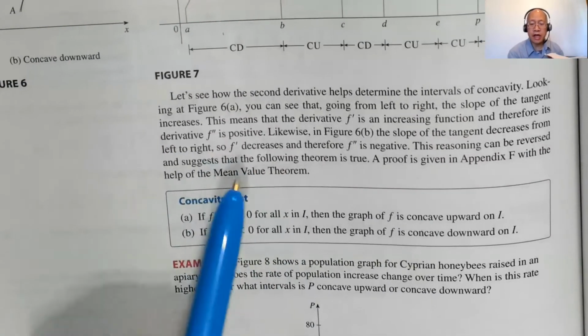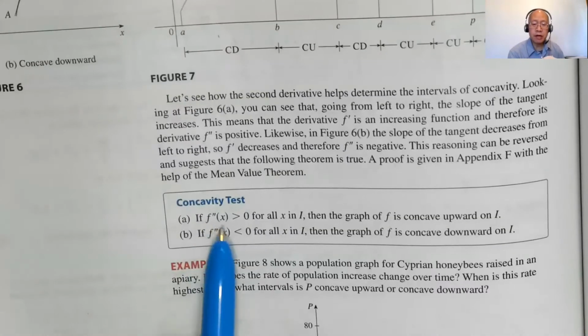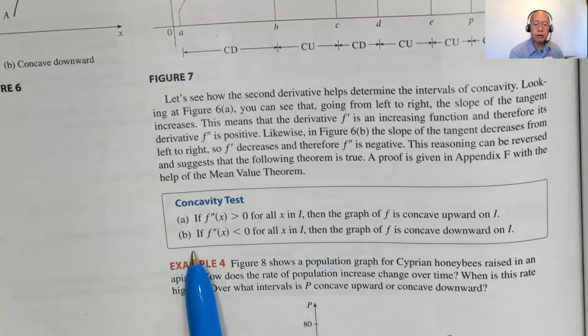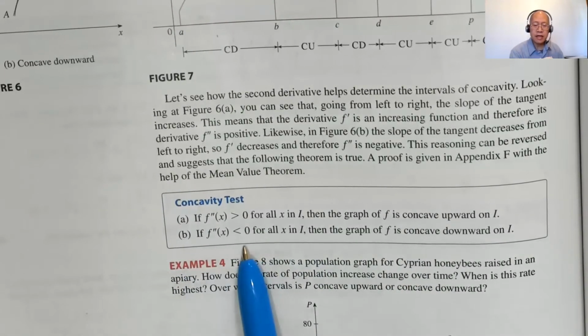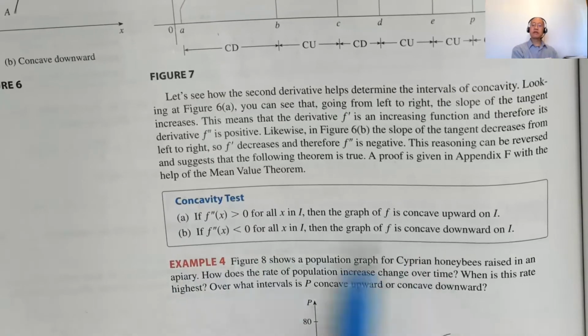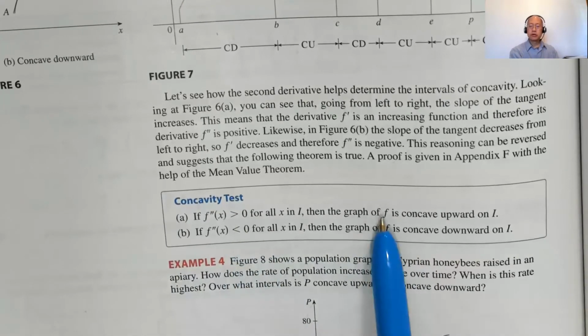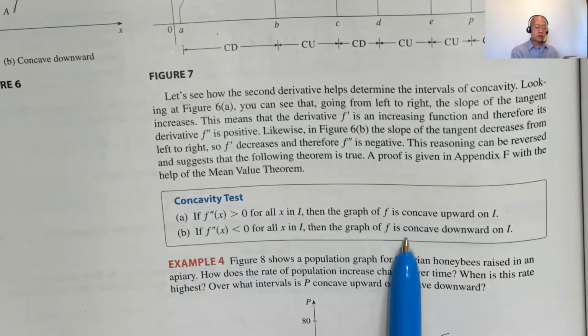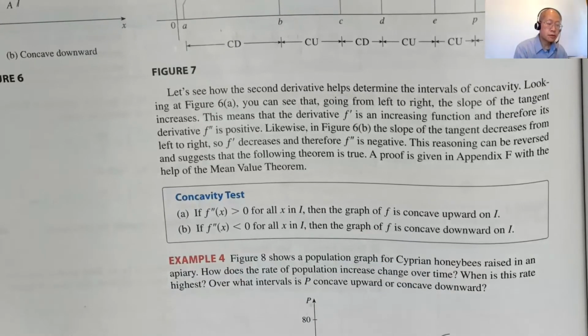Okay, so here's our concavity test. F double prime greater than 0 means concave up. F double prime, second derivative, less than 0 means concave down. Second derivative positive, U shape, concave up. Second derivative negative, concave down. Okay.